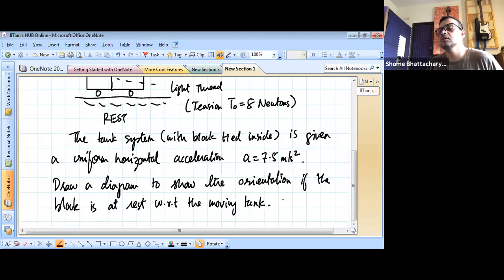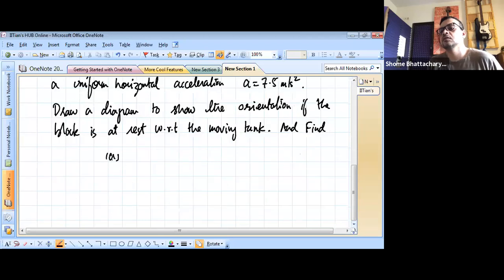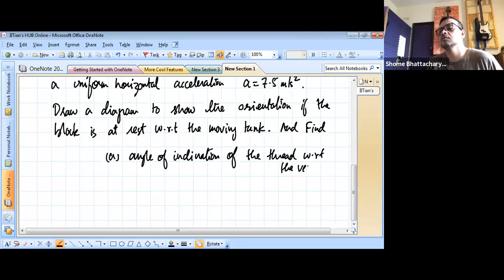And find the angle of inclination of the thread with respect to the vertical, and the tension in the thread.